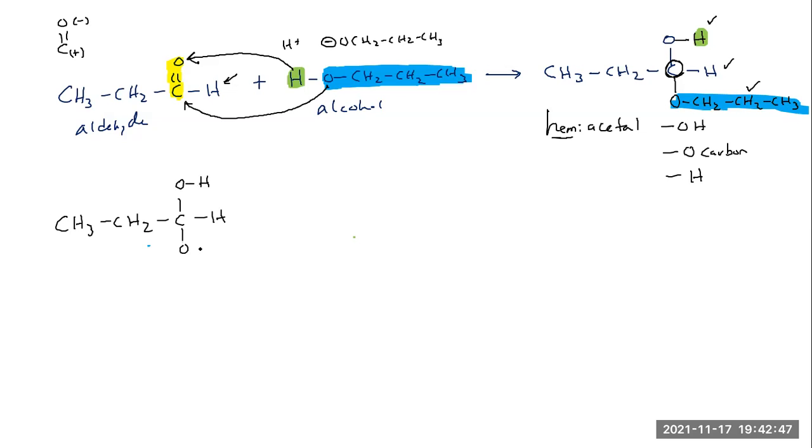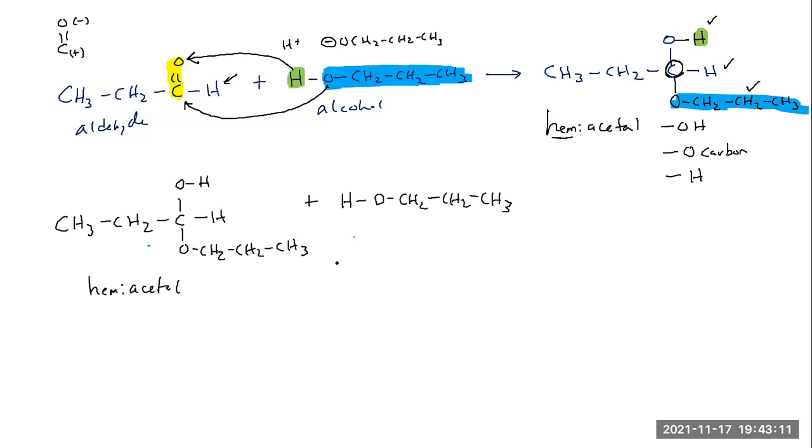It could technically be the same alcohol, could technically be a different alcohol, but we'll use the same alcohol here. So we're going to take this hemiacetal that we made in the first step, and add another alcohol, and I'm just going to draw it like this, and we'll do the same alcohol in this case. Okay.